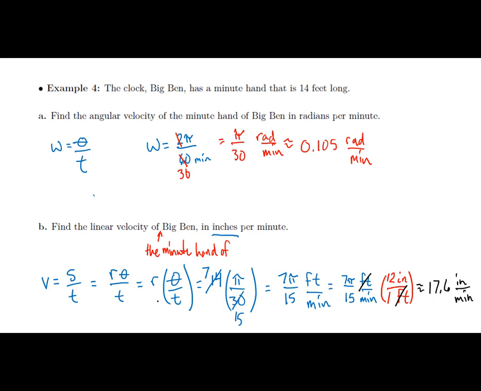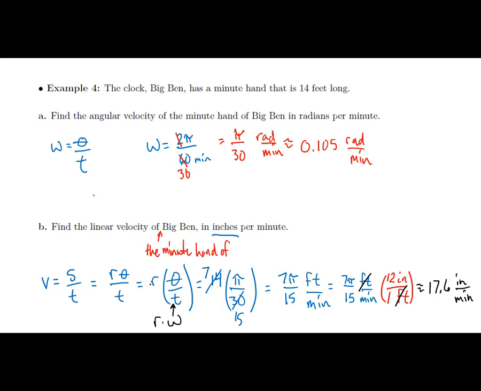But I want to do one more thing before we leave this problem behind. I want you to notice what happened right here. When we realized that we already knew theta over t, because we computed it in the previous problem, we separated out the r from the theta. And so this thing, as I mentioned, is the angular velocity.